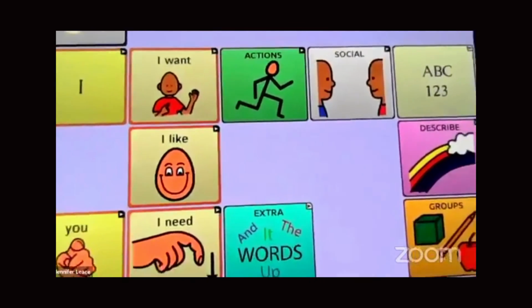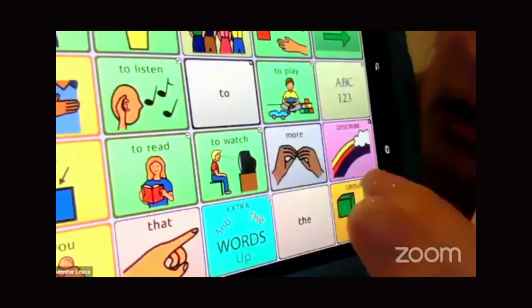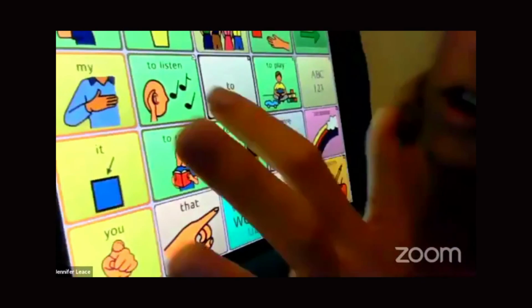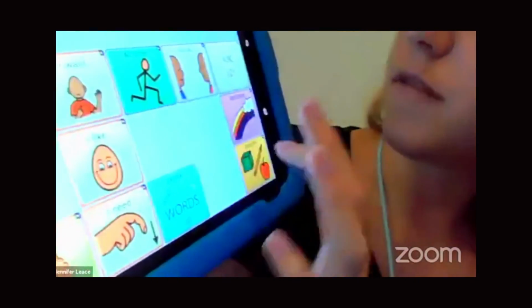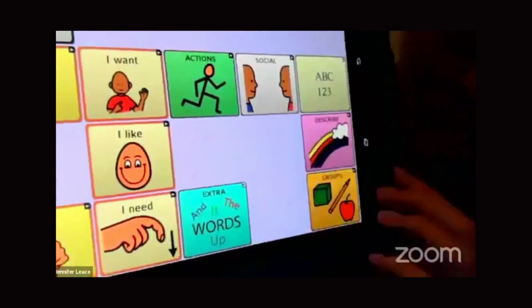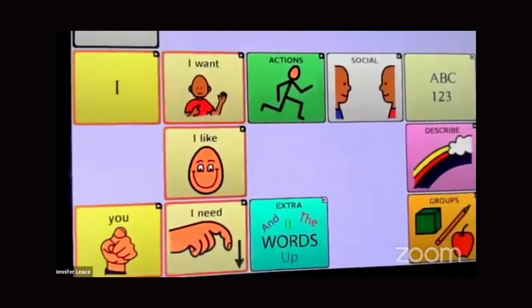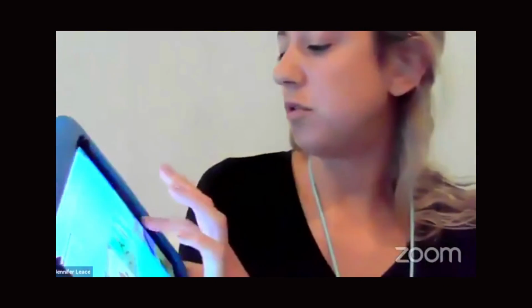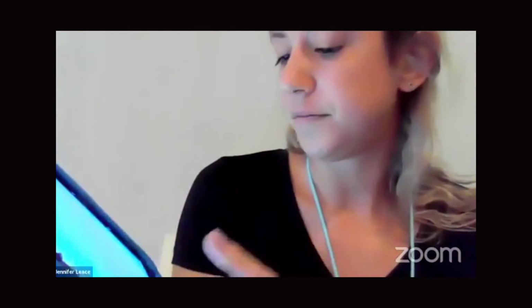So you can make it even less. So "I want," and the icons are a little bit bigger. And then you can also see that some are even hidden. We hid some of these so that we only want them to use the pictures that they see. So I want to show you that this is the 25, and then I'm going to show you the 60.